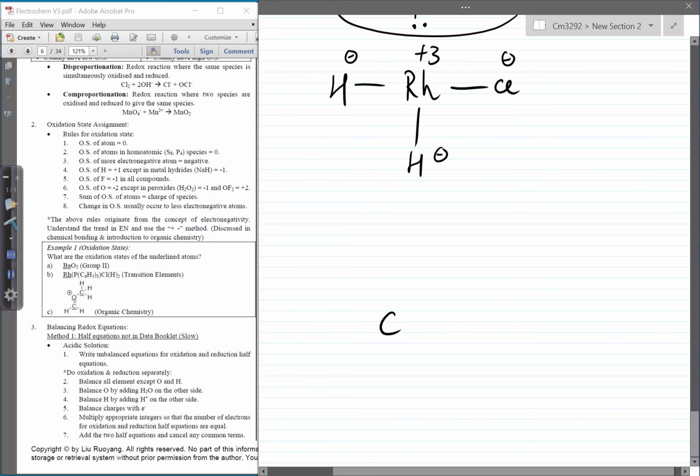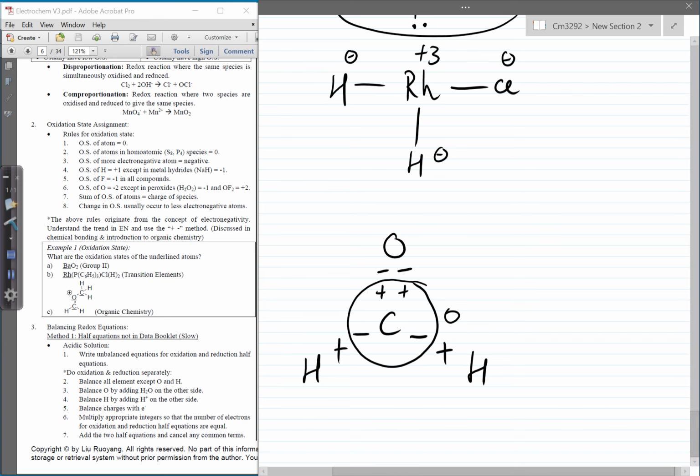So if you use the plus minus method, you have carbon bonded to these two hydrogens, and oxygen is more electronegative. Since it has a double bond, you will draw the double positive and minus, and then you just count the net charge around this carbon, which is 0. So this is 0, and then next I can go ahead to count this carbon first.